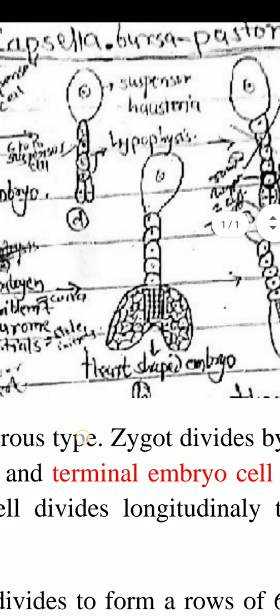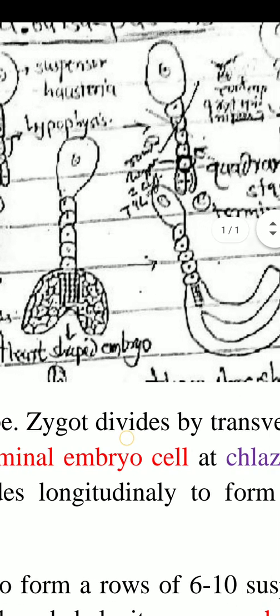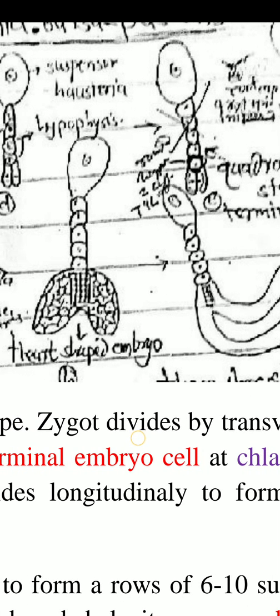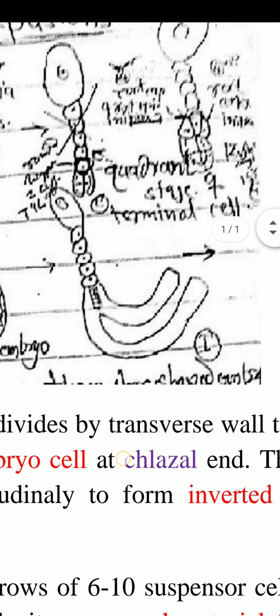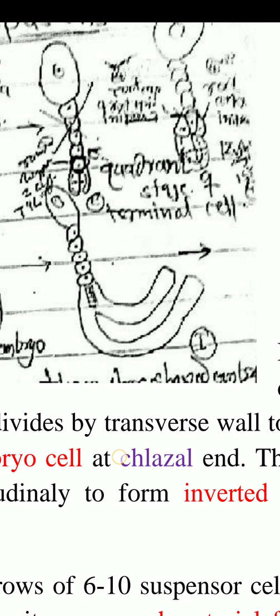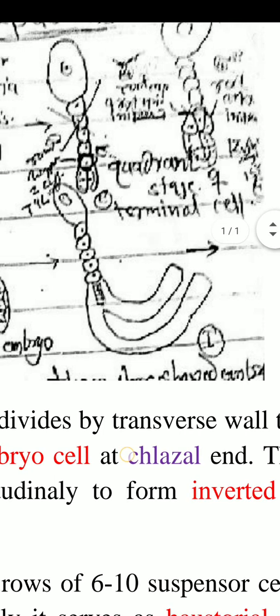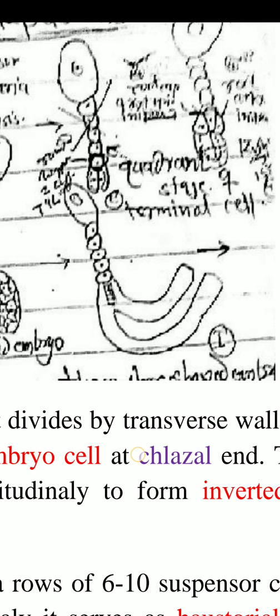This hypophysis divides two times, forming four-celled structures, from which root apex and root cortex initial cells are developed.